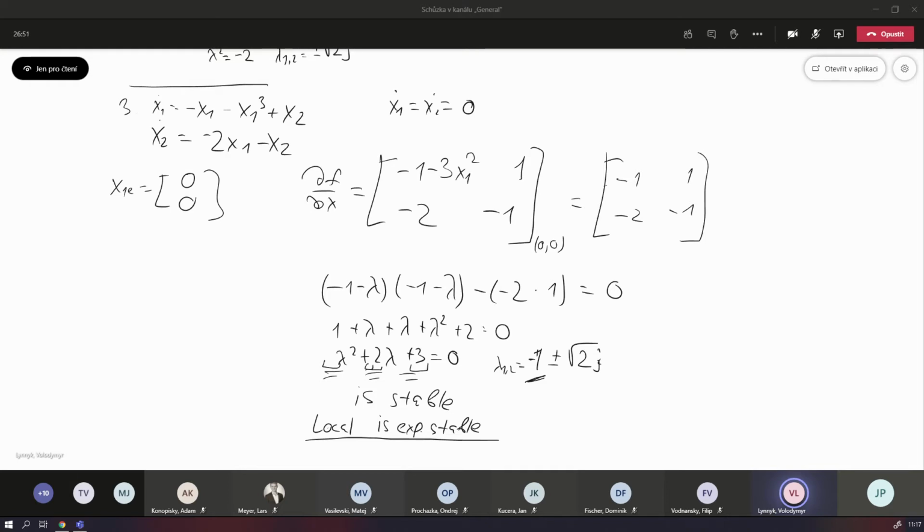And on this step, yes, you can say, okay, it's stable, because the coefficients are positive, and we know that if the coefficients are positive, then the real part of the eigenvalues is always negative, and then this system is locally exponentially stable. Okay, any question?